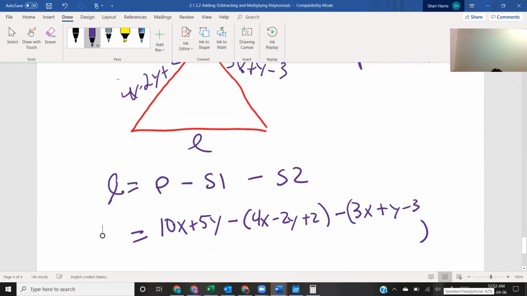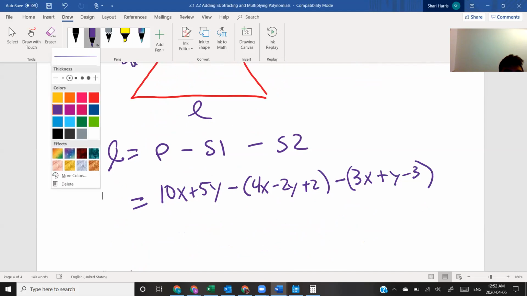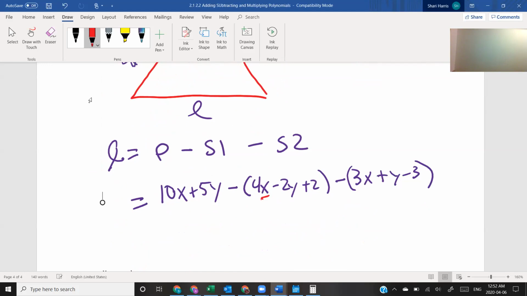The brackets are really important here, because otherwise you're only going to be subtracting the first term in the trinomial versus all the terms in the trinomial. So let's simplify this.